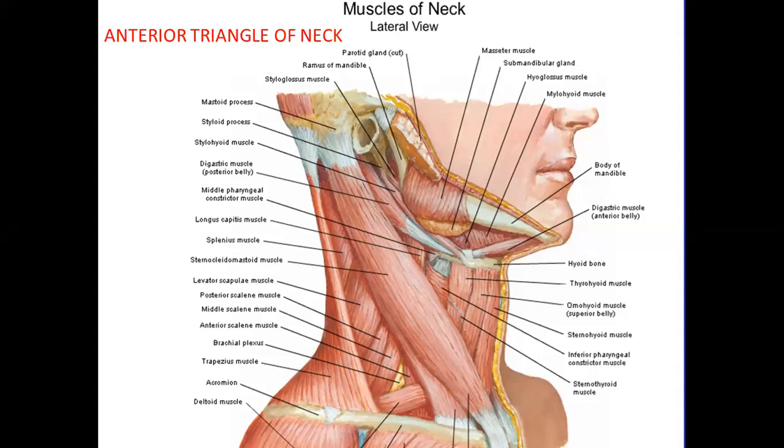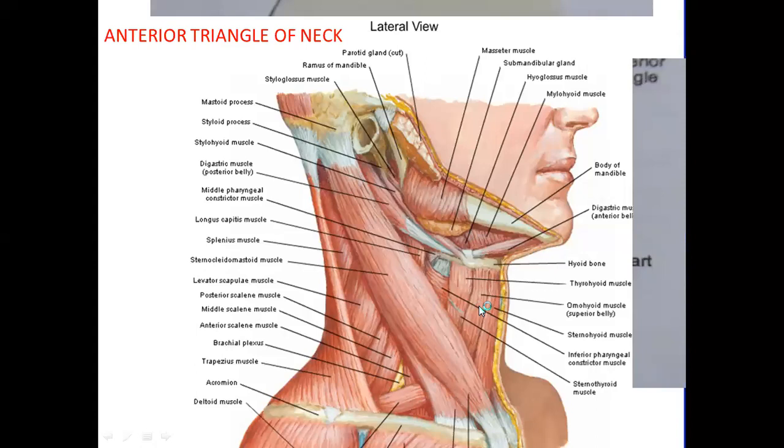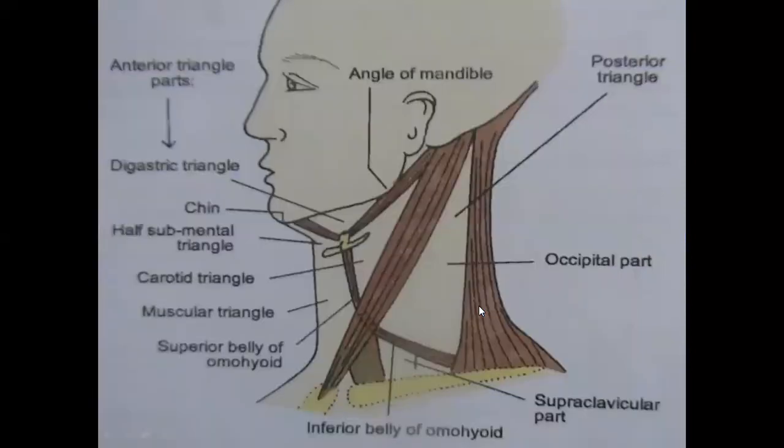Now, the anterior triangle is crossed by muscles. This is the anterior belly of digastric, this is the posterior belly of digastric, and this is omohyoid. The superior belly of omohyoid, the anterior belly of digastric, and the posterior belly of digastric with stylohyoid pass through the anterior triangle, and in this way the anterior triangle is further subdivided into 3.5 triangles.